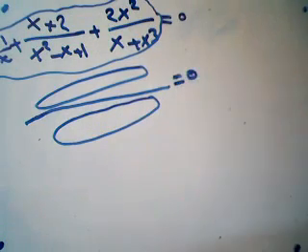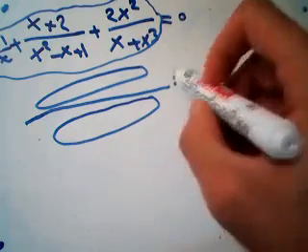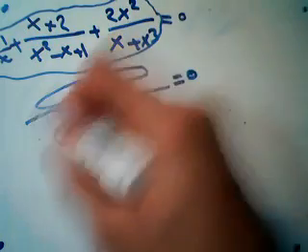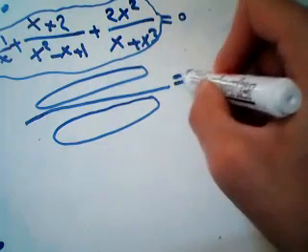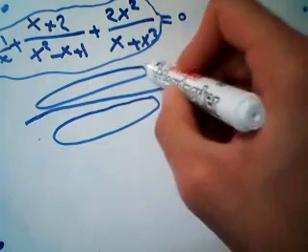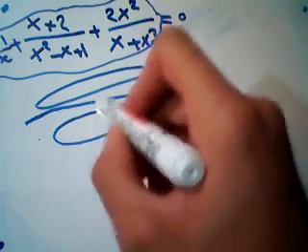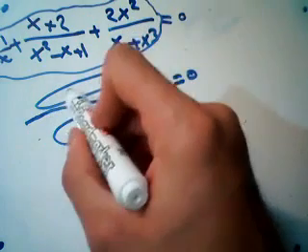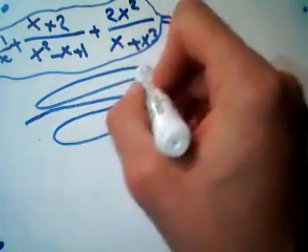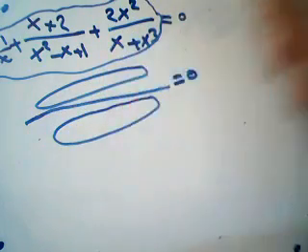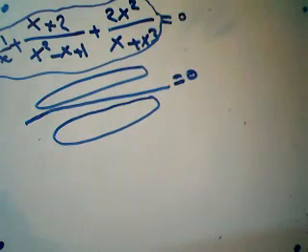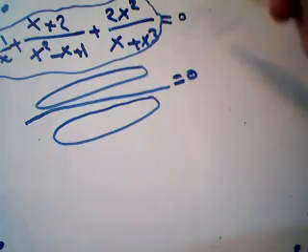This is 0 and a fraction. We got a fraction here which is equal to 0, so the numerator should be 0, and we find the roots of the polynomial. This is one reason why we need to do the adding.